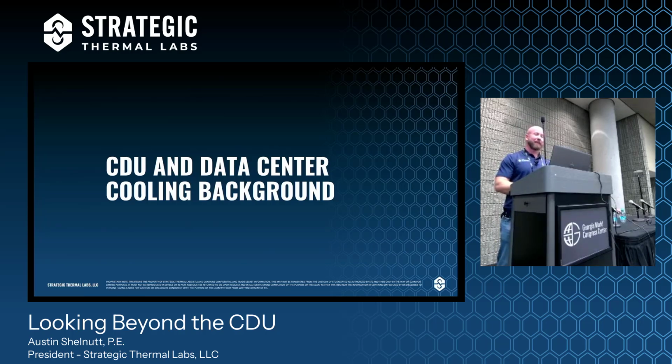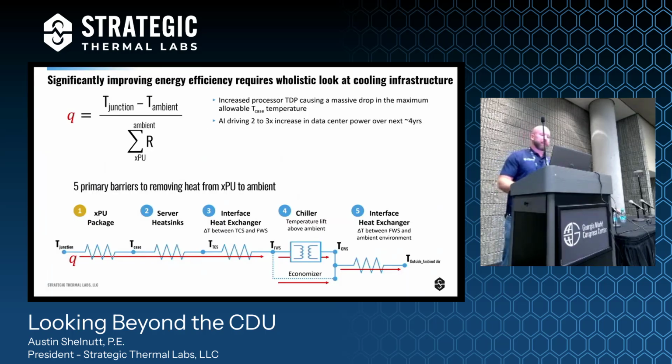All right, some background on CDU cooling in the data center. At the end of the day, our goal at STL, and what should be anybody's goal at heat transfer research companies, is to understand the entire heat transport path from processors to outside air. Those familiar with thermal engineering and heat transfer know we typically use an analogy called thermal resistance.